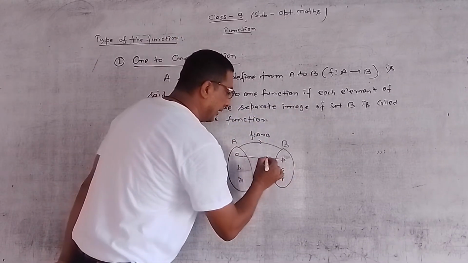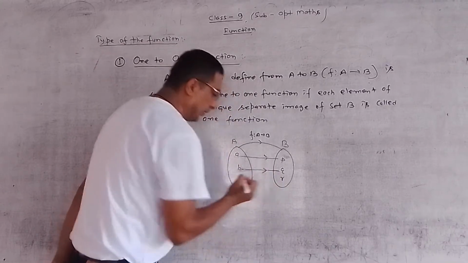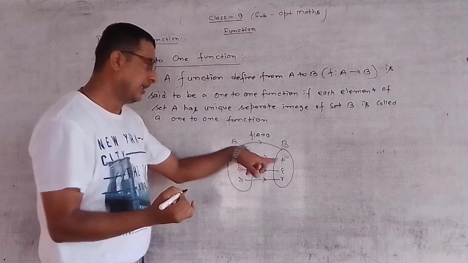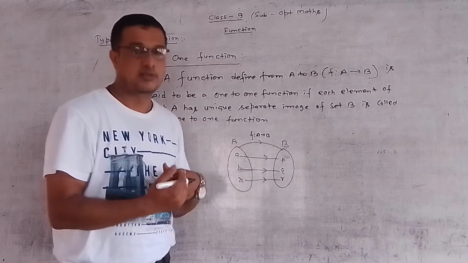A is mapped to P, B is mapped to Q, and C is mapped to R. Everyone has a separate image. It is called a one-to-one function.